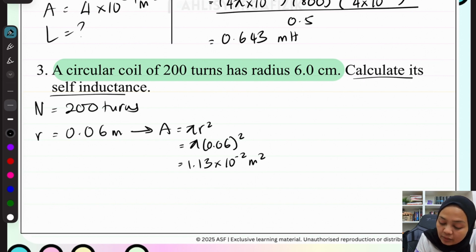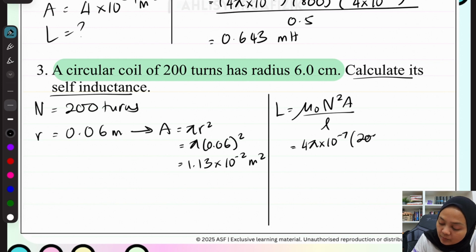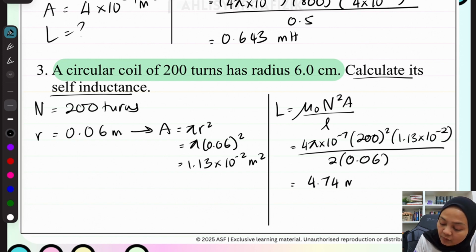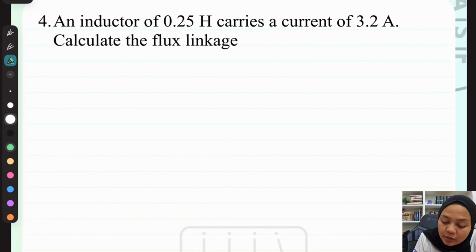We have to calculate the self-inductance. Again, we're going to use the equation L equals mu naught N squared A over l. The answer is 4.74 millihenry.